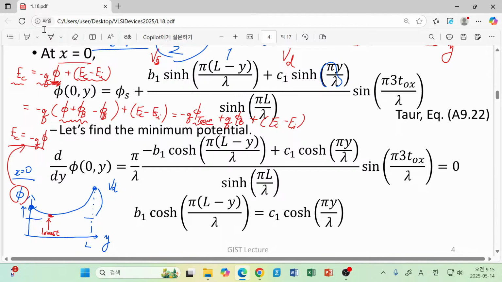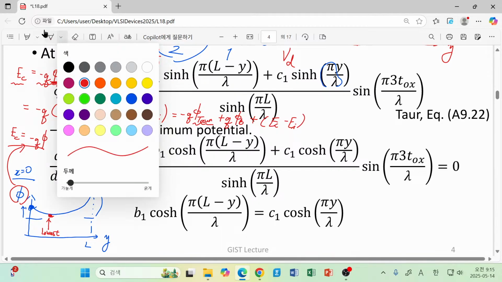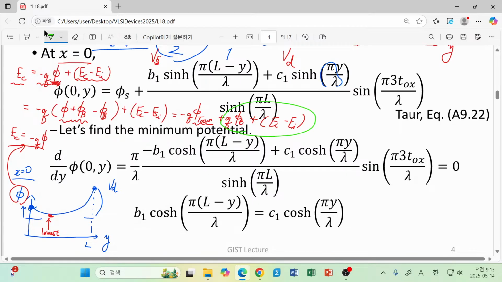Anyway, here we have a certain number for a given system. This phi b is a given number, so it can be regarded as a given constant. So that's the reason why I'm saying that this EC and minus Q times our current value of potential can be regarded as corresponding quantities. So by adding certain numbers, we can easily convert it to the conduction band minimum.